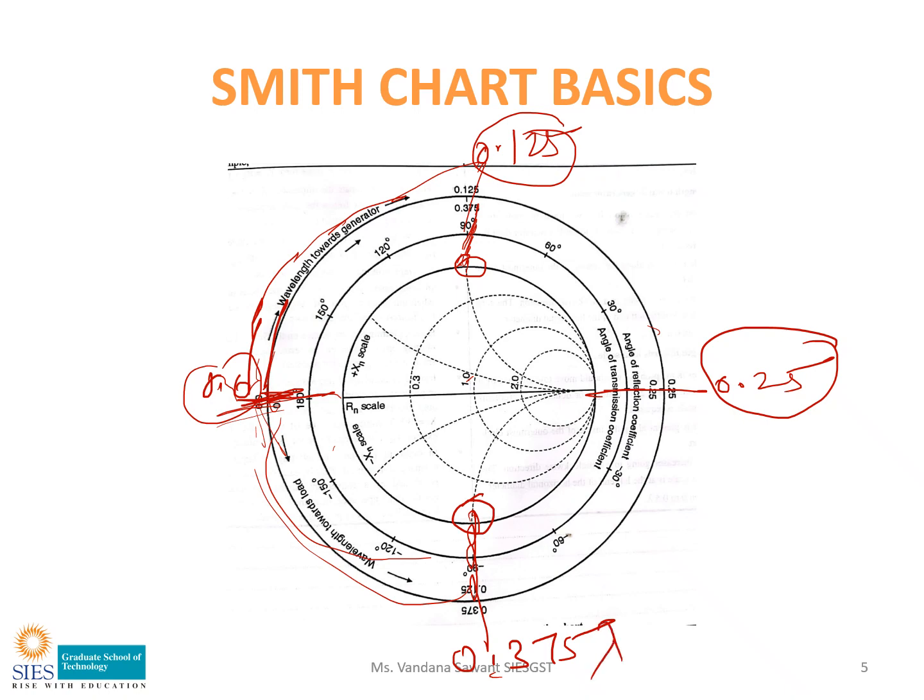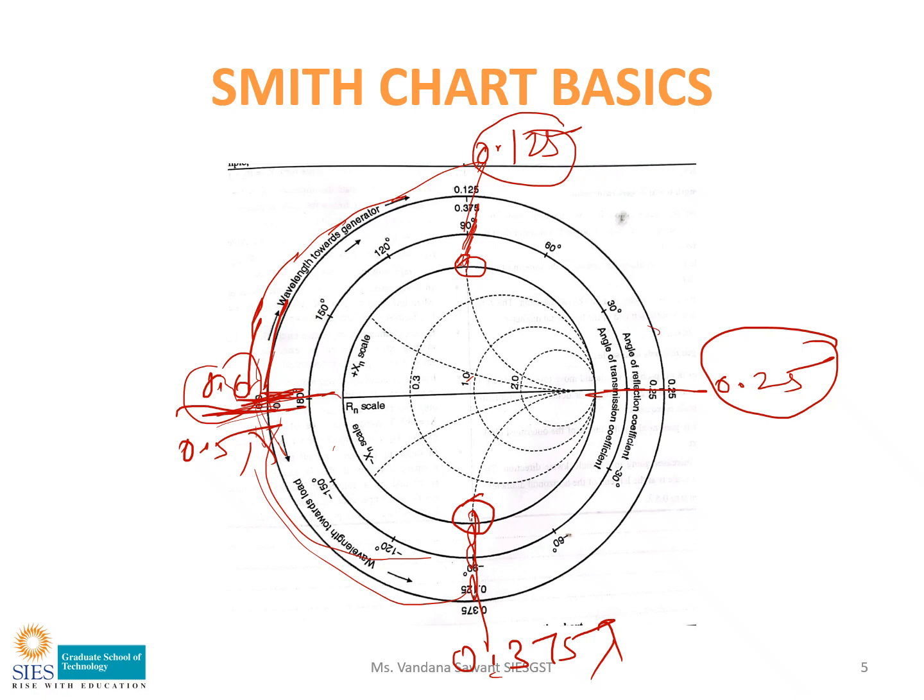In this way the circle's total length goes 0.0, here 0.125, here 0.25, here 0.375, and the values keep increasing. Below the center line it will be 0.5 lambda.